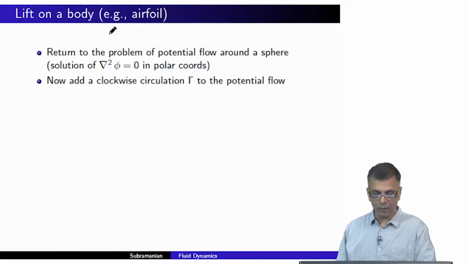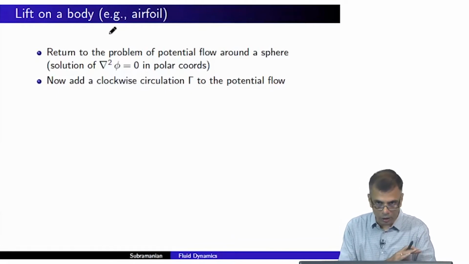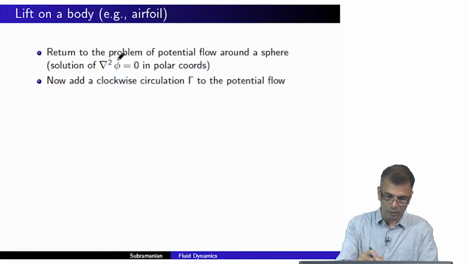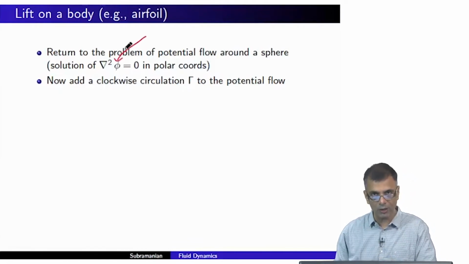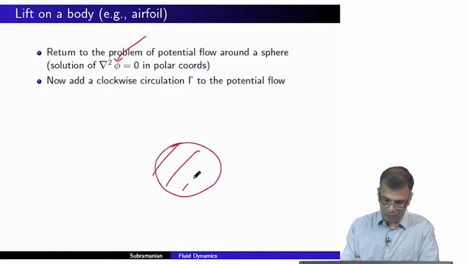And in polar coordinates, you recall that we had written down the general solution to this equation, applying the appropriate boundary conditions. There were two boundary conditions. What we're doing here is considering a spherical body like so.